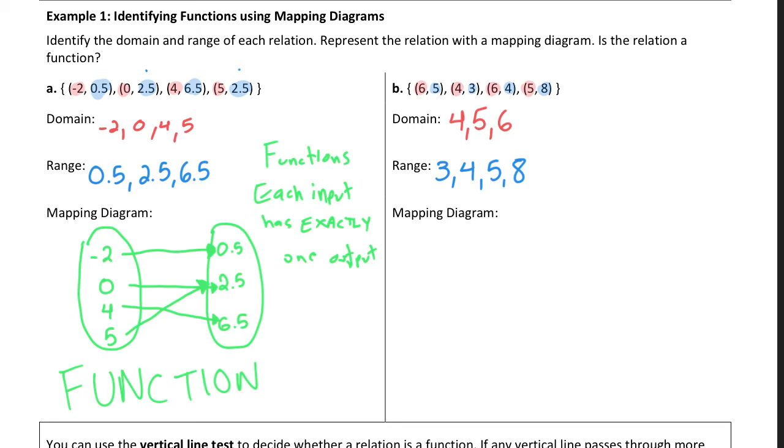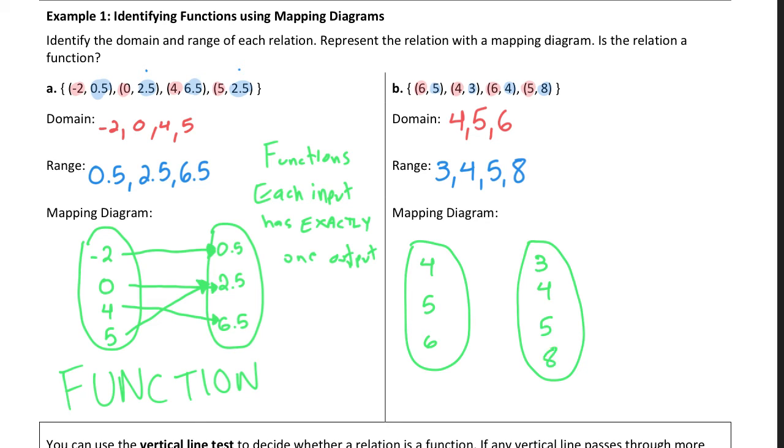Now to do my mapping diagram, I'll cover this one a little bit slower than the last one. I realize I went through that one a little bit quick. So my domain, I'm just listing 4, 5, and 6 on the left. On the right, 3, 4, 5, and 8.